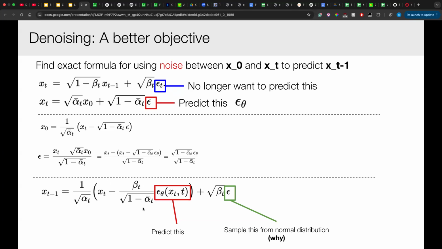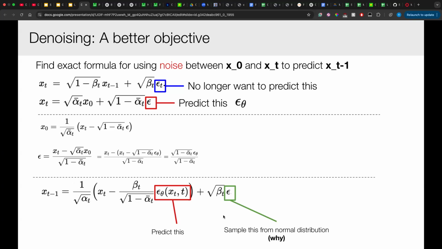Now, the reason why we have these particular coefficients in general is just from working backwards with this equation, like we obtain these coefficients by solving for x of t minus 1 in terms of e of theta. Does that make sense? If you were to go through this math, and I can link the paper if you're interested in the derivations, you would obtain this equation. Does that make sense? Okay, perfect.